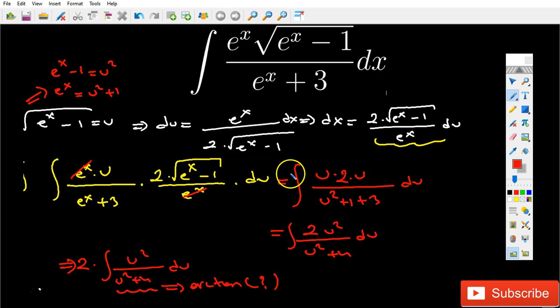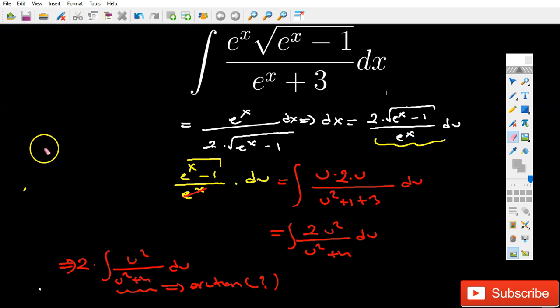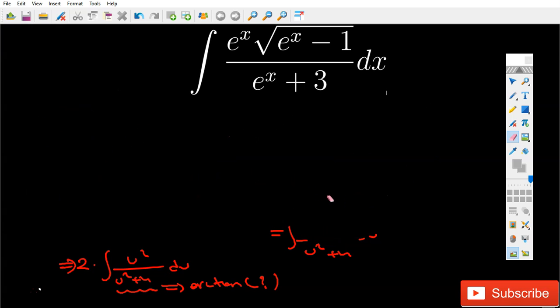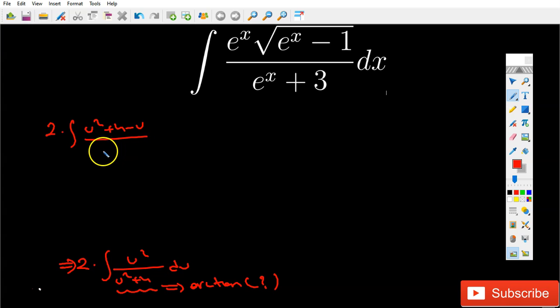So let me clean up the board really quick. Okay, so what if I do this? 2 times u squared plus 4 minus 4 divided by u squared plus 4 du.